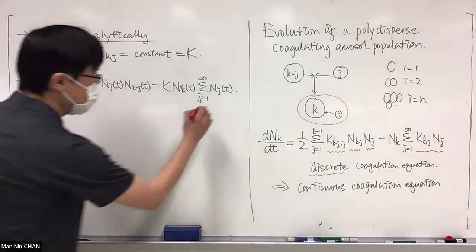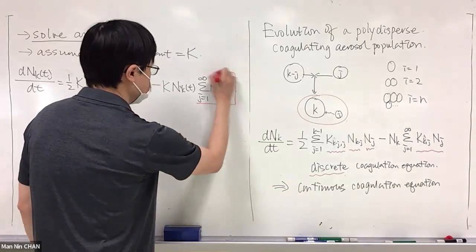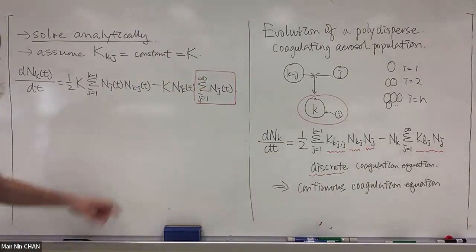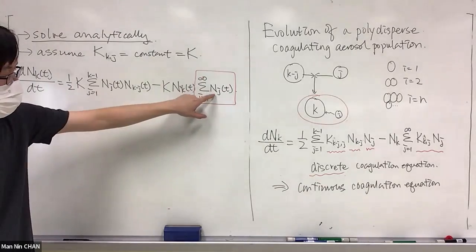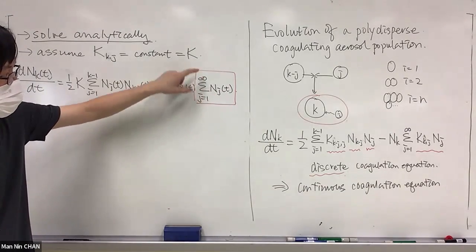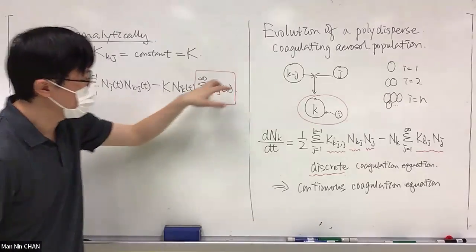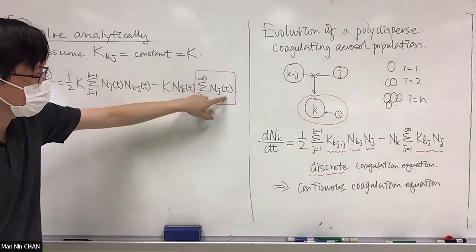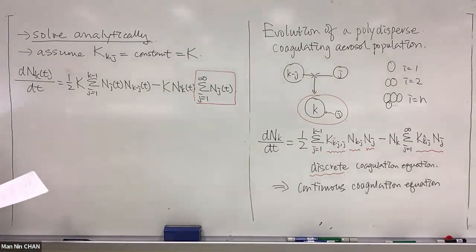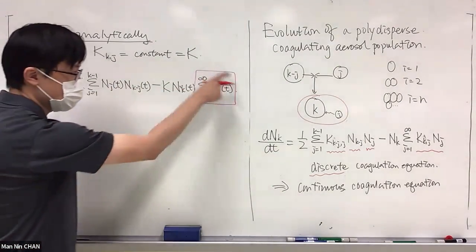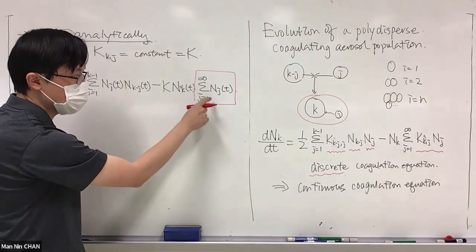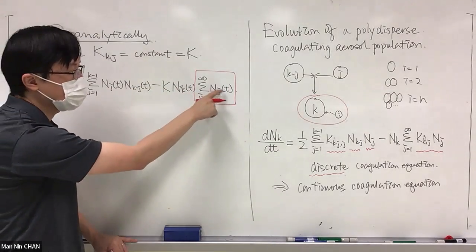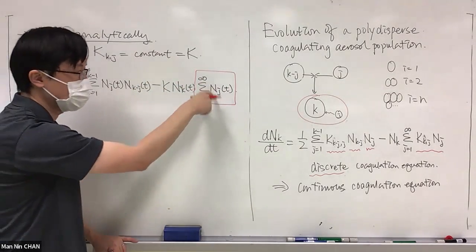If you look at this term here first, this is a summation of all your particle size, from 1 to infinity. That means this will include all the particle sizes at a given time. So if you do the summation, you add the number of particles of different sizes all together.